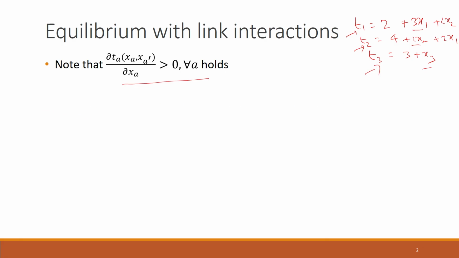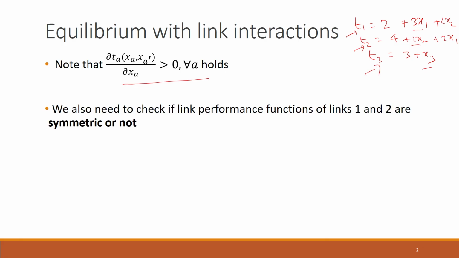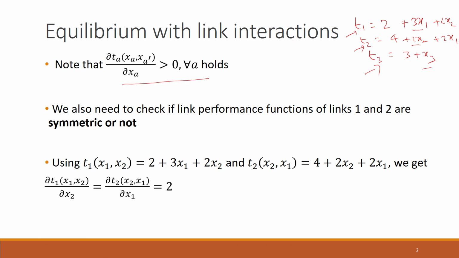So, that assumption holds. We also need to check if the link performance functions for links 1 and 2, which we have assumed have interactions, are symmetric or not. In order to determine that, we take the partial derivative of the travel time on the first link with respect to the flow on the second link, and then the derivative of the travel time on the second link with respect to the flow on the first link.